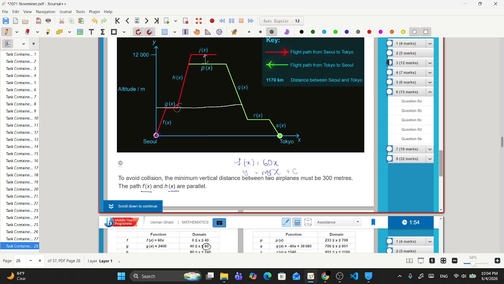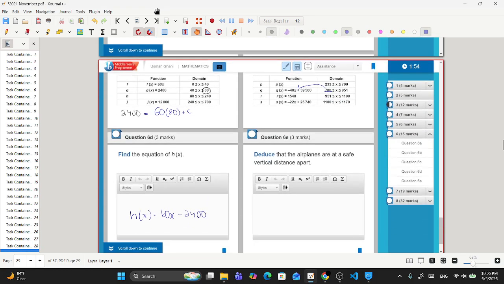Okay, p of x is given a domain of 233 to 700. Q of x is given as minus 40x plus 39580. What we do is let's try to substitute the value of the maximum domain, which is 700, into this equation.